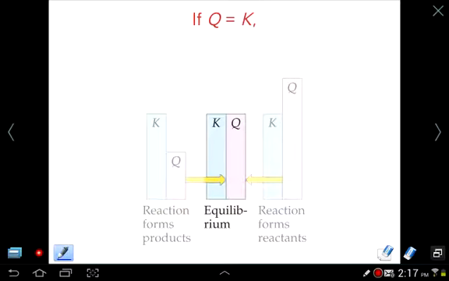So here's the general rundown. If Q is equal to K, then we have reached equilibrium, because Q is defined in exactly the same way.